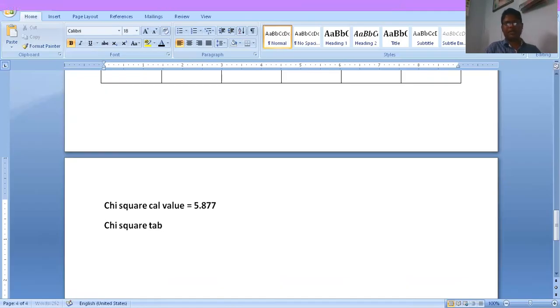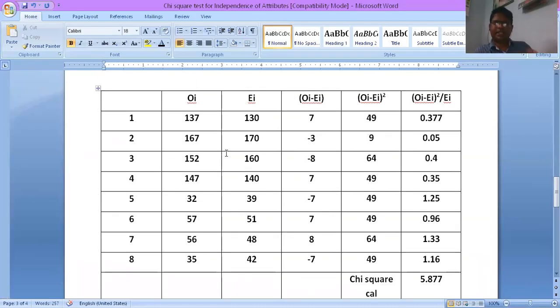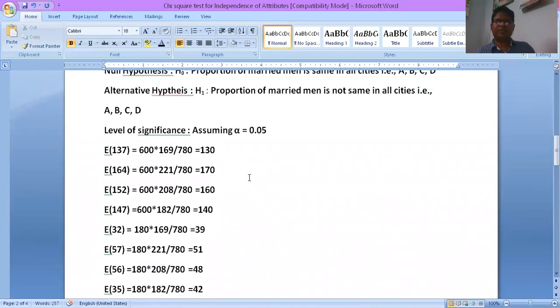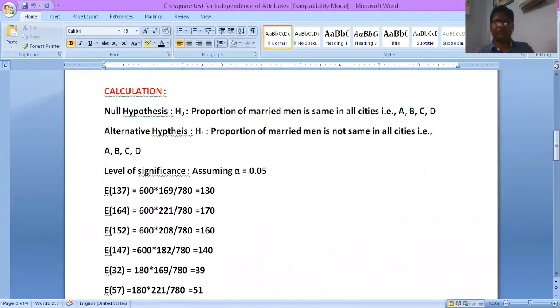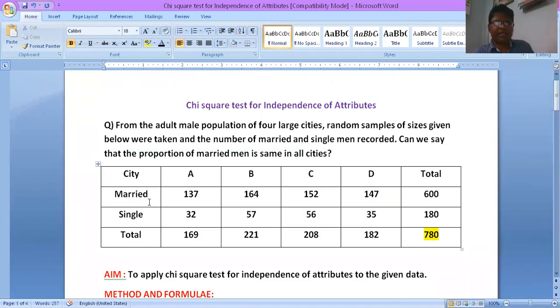Chi-square tabulated value at 5% level. So here, this is chi-square second model. Here, we check the tabulated value at degrees of freedom, but not at n minus 1. Here the data is tabulated in a proper way. Look at married and single. Two columns are there. How many rows are there?